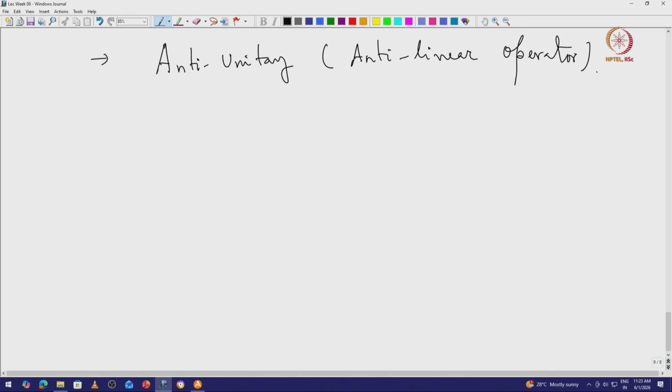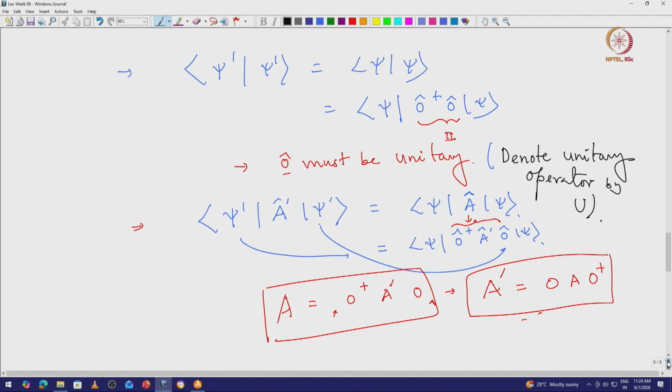Let us start with the definition. It was first proposed by Wigner in 1931.